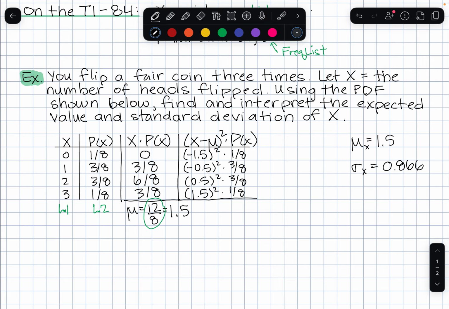So I'm going to do that all at once on my calculator. And this is going to be the sum of x minus mu squared times p of x, which is not quite our standard deviation. But let's grab a calculator and do that sum really quick.